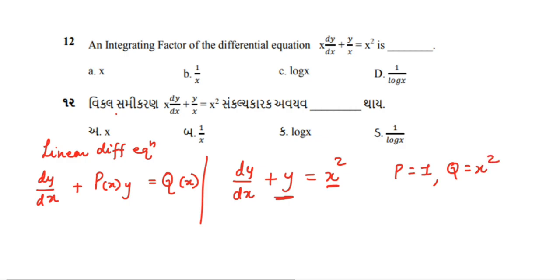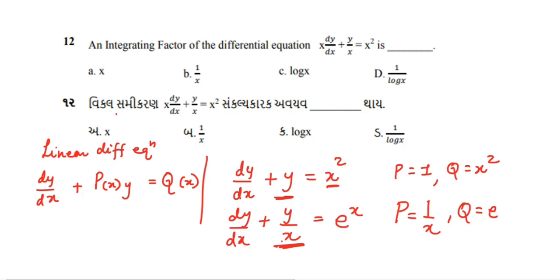Similarly, if I write dy by dx plus y upon x is equal to e to the power x, then comparing, P is equal to 1 upon x and Q is equal to e to the power x. Similarly, for this equation, first I have to make it a linear differential equation. So let me first compare and solve it as a linear differential equation.